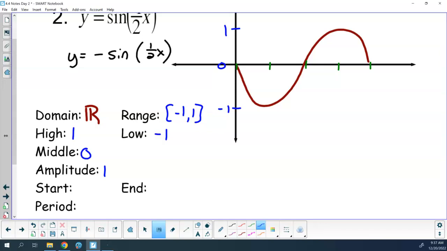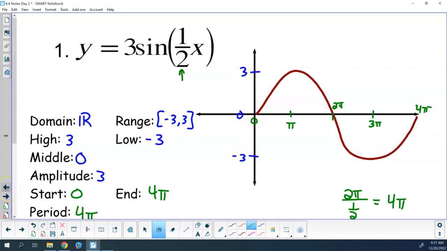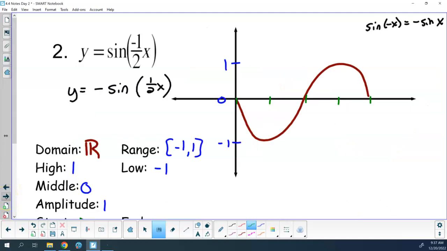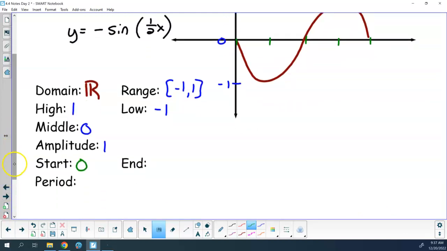Start. Where does the first lap start? 0. Period. Should be the same as the last one, right? Because then we just have a 1/2. Yeah. So that period here is going to be 4 pi.